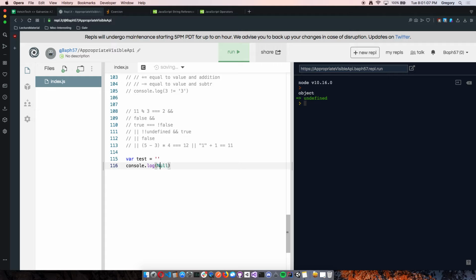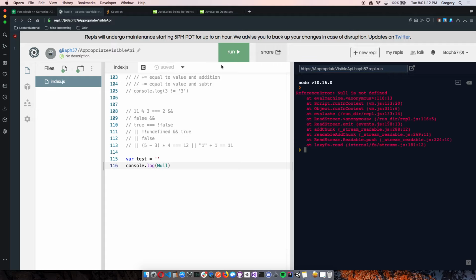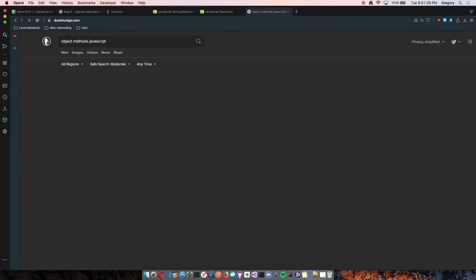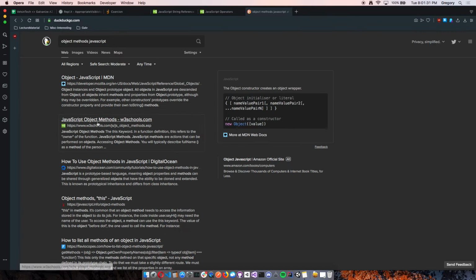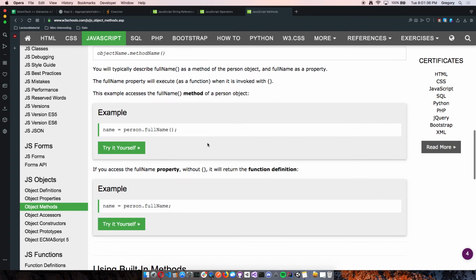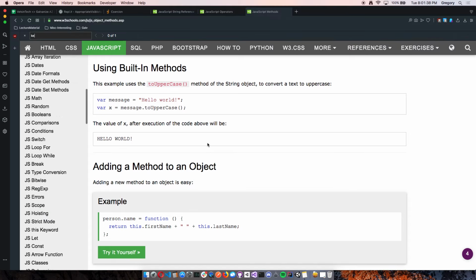Wonder if I can console log the null constructor? Why did it turn green? I'll do the, is it keys? Nah. Object methods JavaScript. Again, I have not memorized these. But let's see if we can pull the keys off of this object and get it in the console.